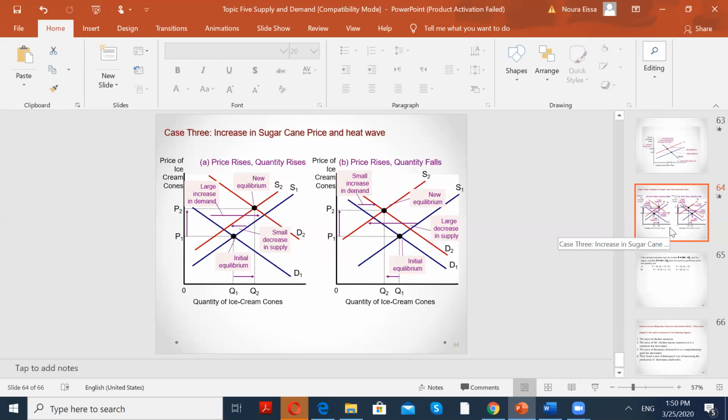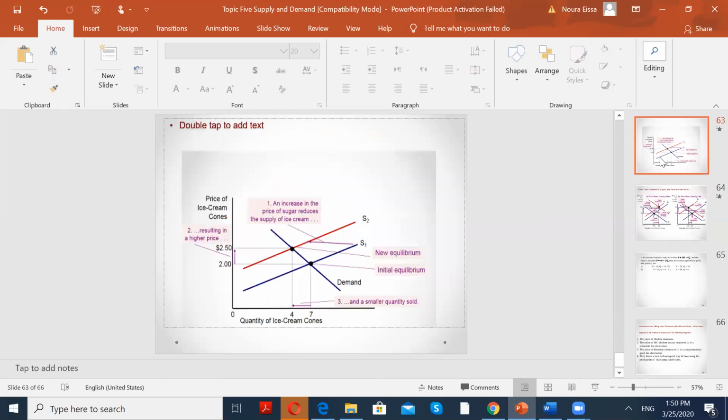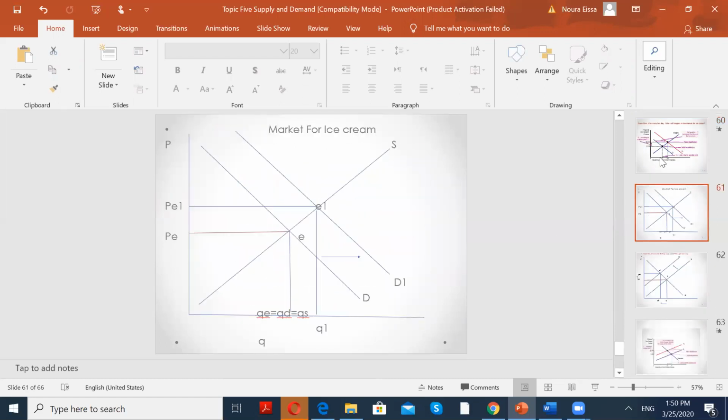How will you answer this? Okay, what's the first step? You need to ask yourself again: is this a change in demand or a change in supply or a change in both?